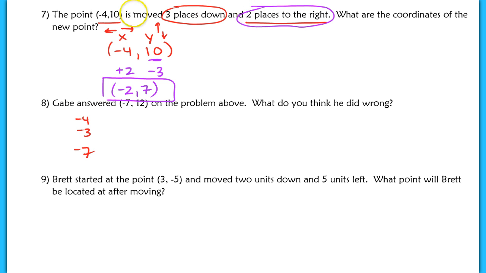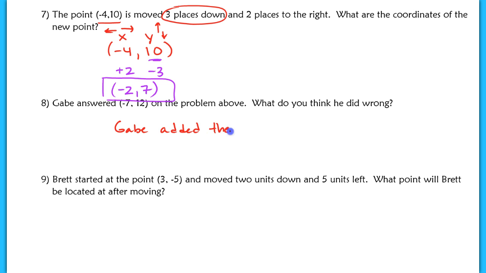And then when he wanted to move the 10, he added 2 to 10 to get 12 because he saw 2 places to the right and he did that on the y value instead of doing it on the x. So it's very common to do that. Okay. So Gabe added the wrong value to the x and y coordinate. So he switched what he should have been doing to the x and the y coordinate.